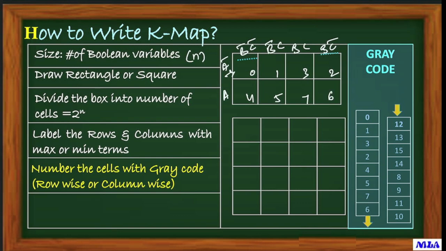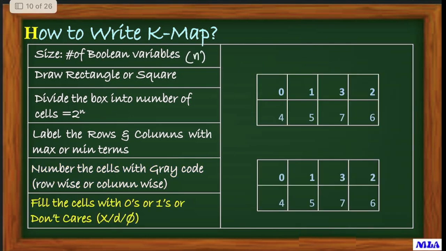Similarly, for a 4 variable K-map, the first row is 0, 1, 2, 3, followed by the second row 4, 5, 6, 7. Then the bottom ones, 8, 9, 10, 11, 12, 13, 14, 15. So this is how we have to label the cells.